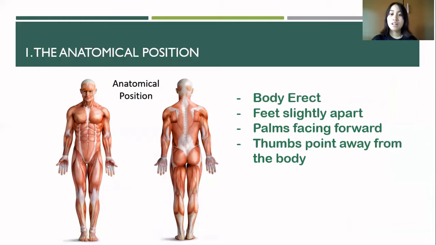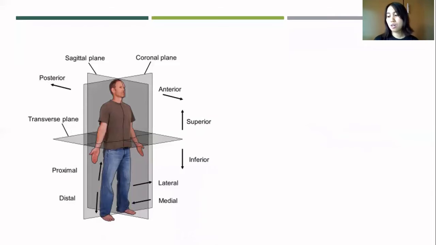First, the body should be erect, the feet should be slightly apart, palms should always face forward, and the thumbs should point away from the body. In learning this anatomical position, we will know how to study the human body easily based on planes, directional terms, and how the organs are located. That's why it is very important and standardized for us to learn.